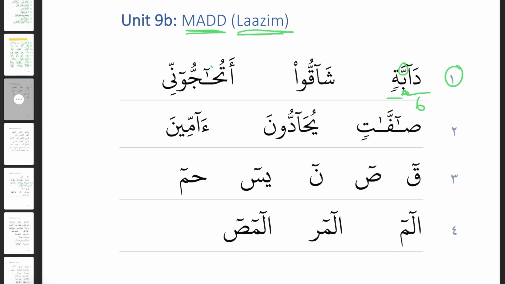We have a sheen that's being stretched for 6 in a sh noise. Shaqu. So this got a 2 count stretch of itself. This here was 6. A, 2, had, juni.